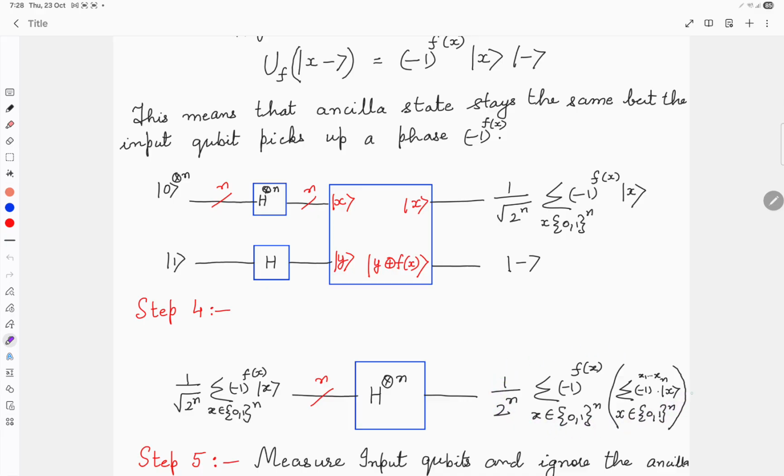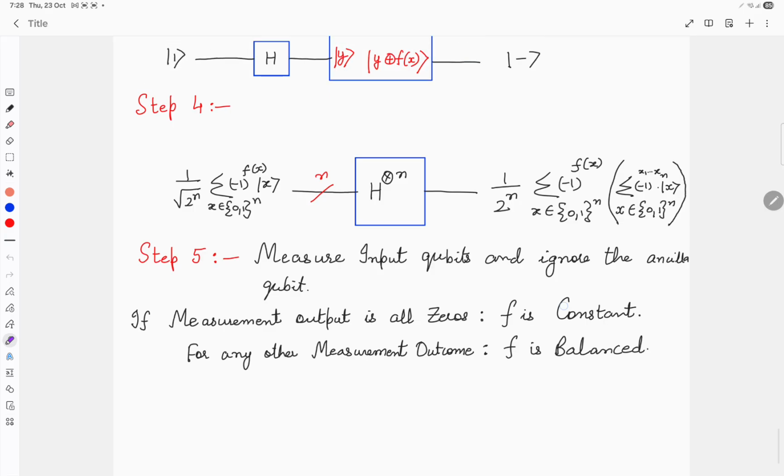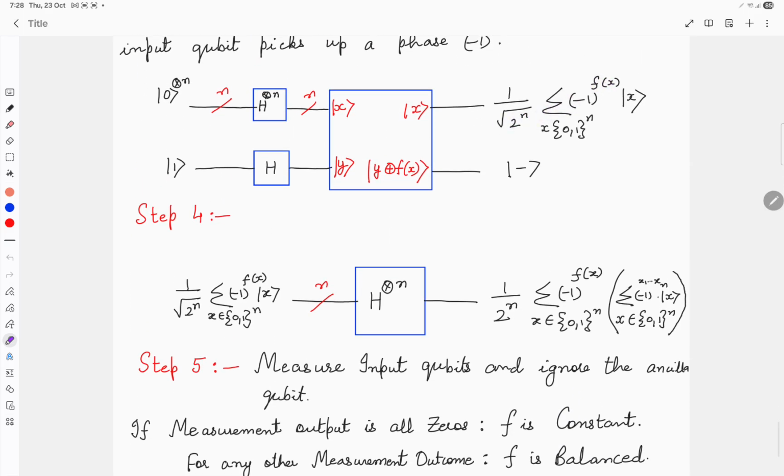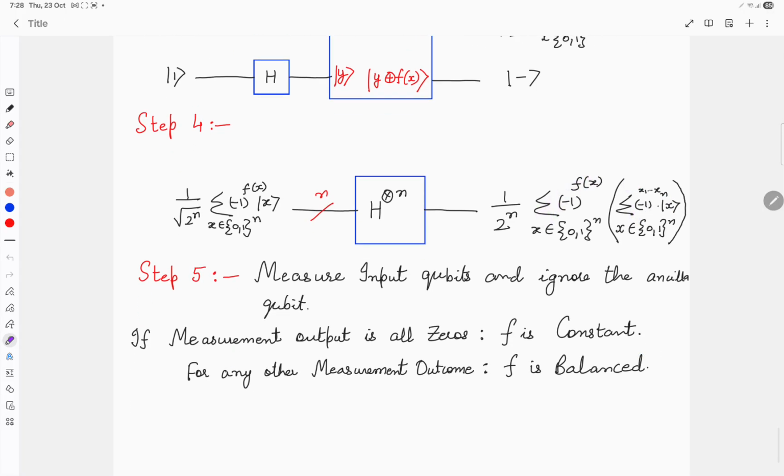We get this output because this expression is the functioning of the Hadamard gate, basically the n qubit Hadamard gate, and we measure this. If we measure all zeros, it is a constant function. For any other measurement outcome, f is balanced.